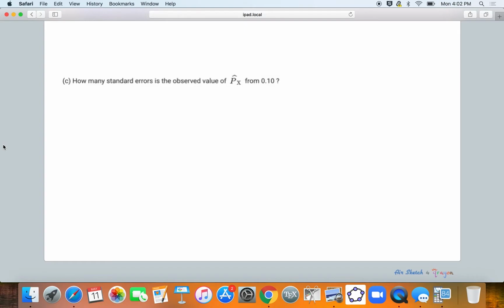And so in our case, remember that P hat was 44 out of 400, and that comes out to 0.11. So this comes out to the square root of 0.11 times 0.89 over 400, which is 0.0156, which is what we wanted.